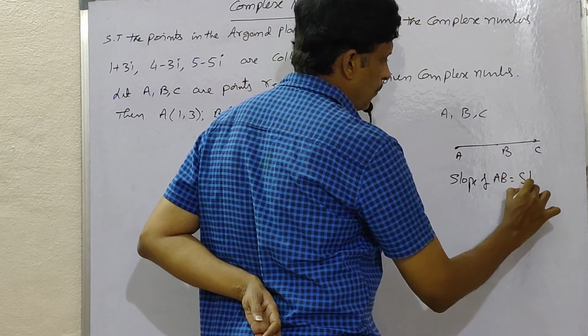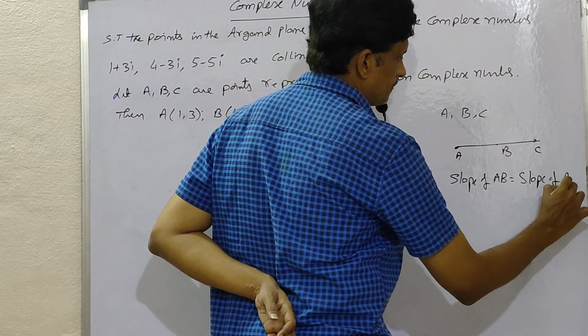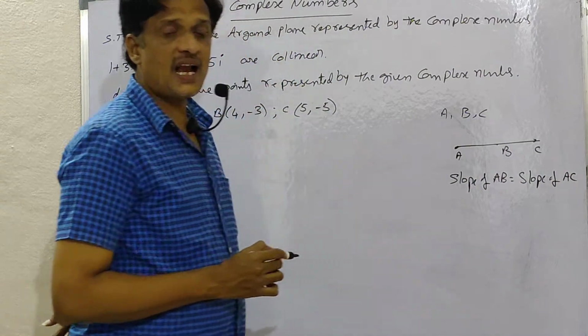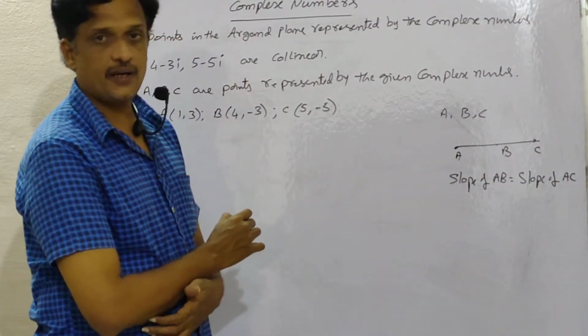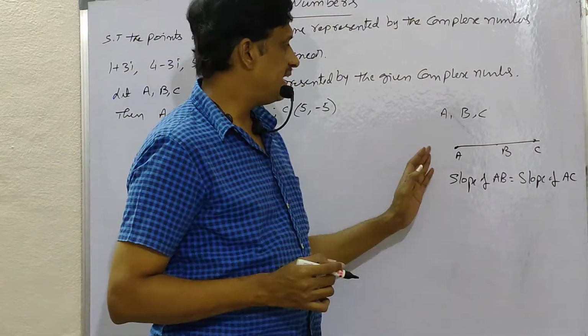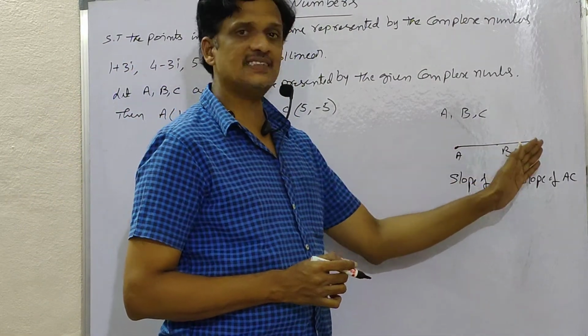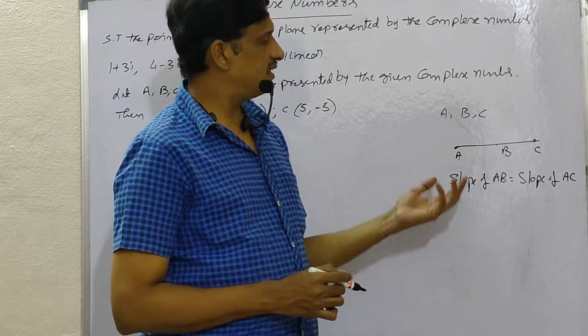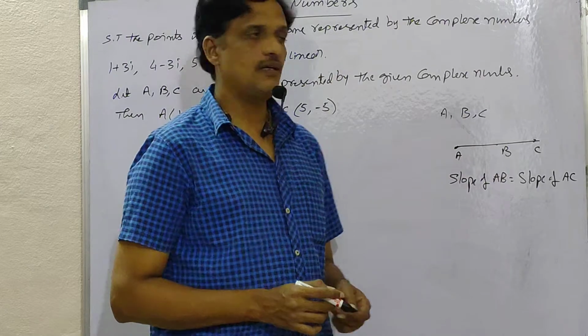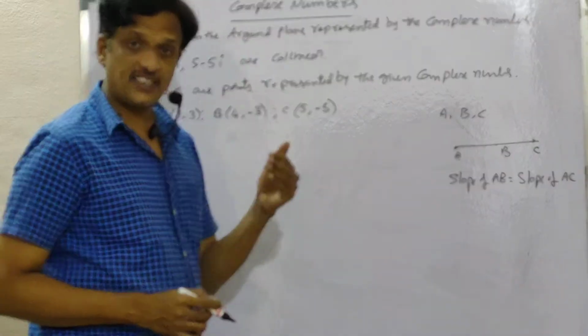Now here we are using a concept that slope of AB is equal to slope of AC. AB and AC, two line segments have a common end point A. So both are beginning at A. If these two have the same slopes, then you can say that they are collinear. Now how to find the slope?